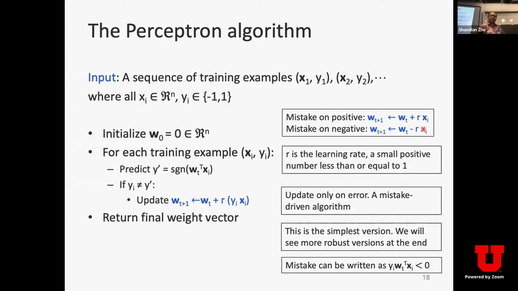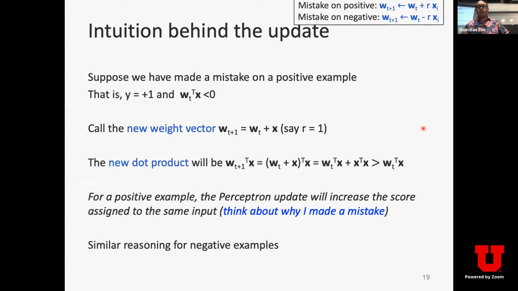In the last lecture, we explained why doing so is reasonable. We're not going to go through that in too much detail, but the intuition is that in whichever case, your wrong prediction is mainly due to your classification score being too large or too small. For example, if you make a wrong prediction on a positive example, the reason you made a mistake is that your classification score is too small.